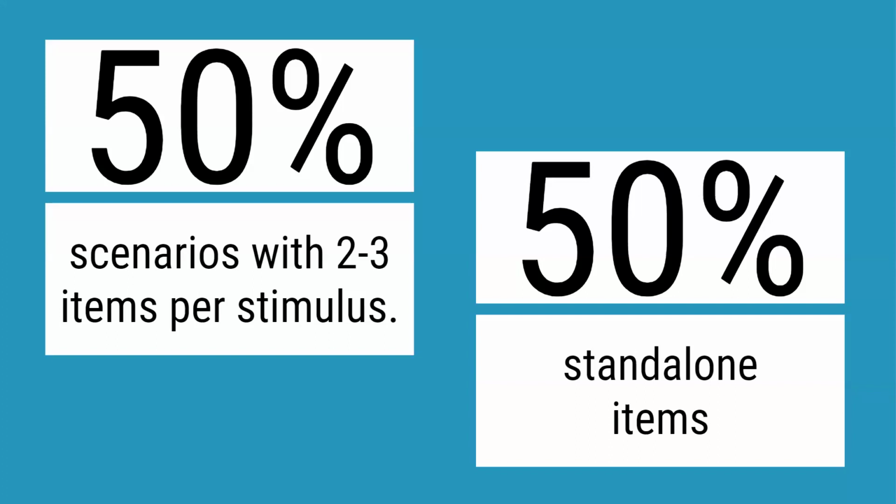Usually not as rigorous of a read in terms of the length, but students are seeing a lot of that where they're having to compare passages, compare and contrast, or maybe just draw an analysis from 2 different topics that they're provided. And then the other half of the test is considered the 50% standalone items. So again, you can't just focus on one area. You've got to mix it up with your students.